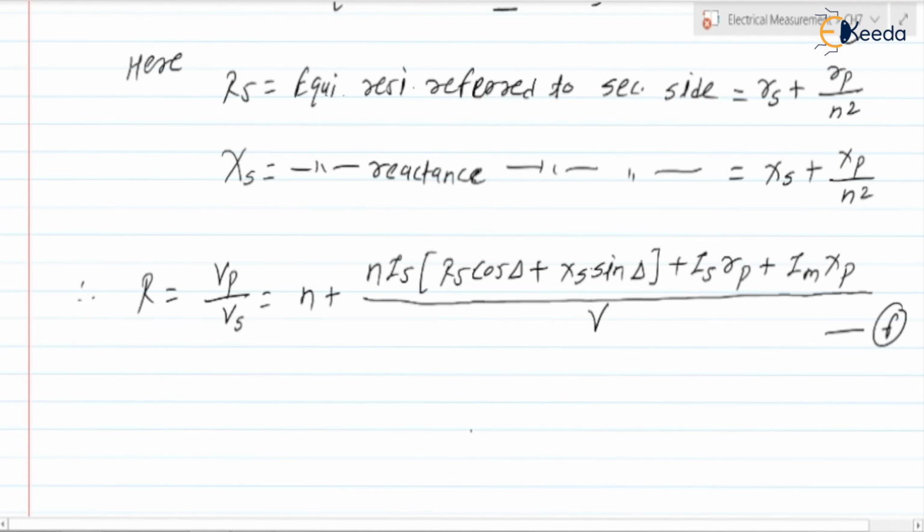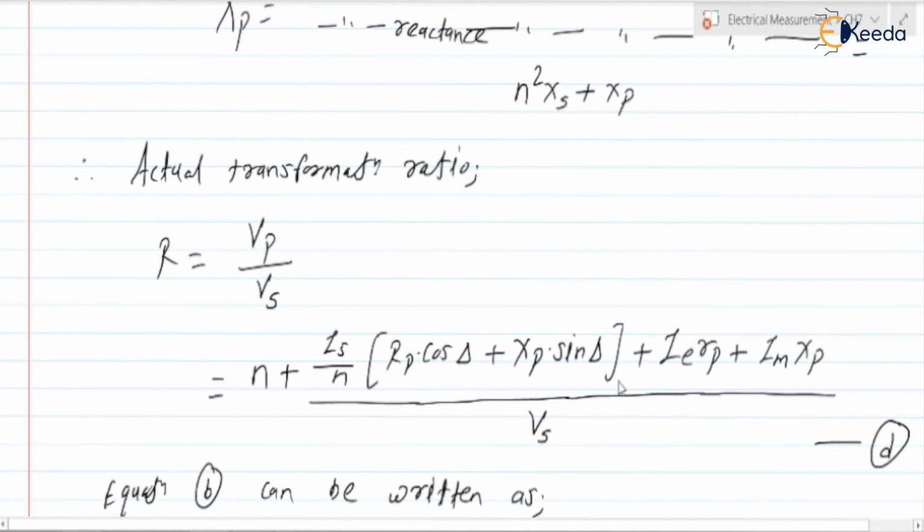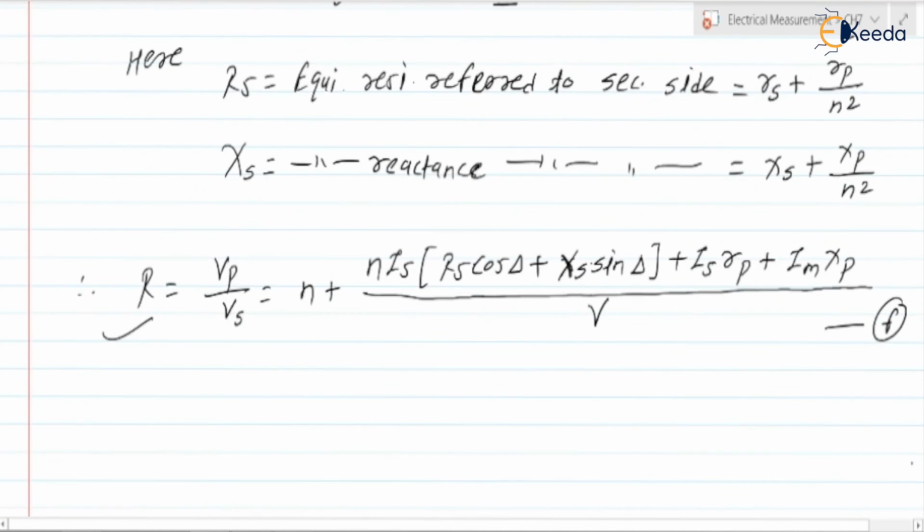This is the expression for R, the actual transformation ratio, in terms of Rs and Xs, while the earlier one is in terms of Rp and Xp. Equation d and equation f are very important, and by using these we can find the percent ratio error.